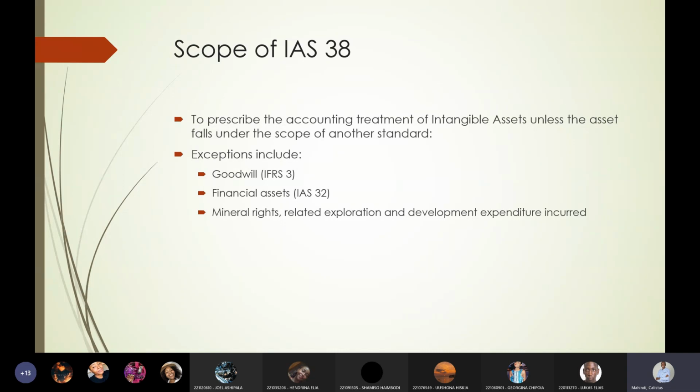Mineral rights and related exploration and development expenditure, like rights to look for minerals or oil exploration, are outside the scope of intangible assets.